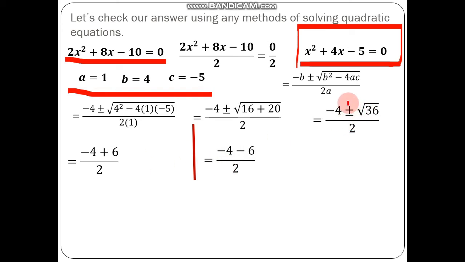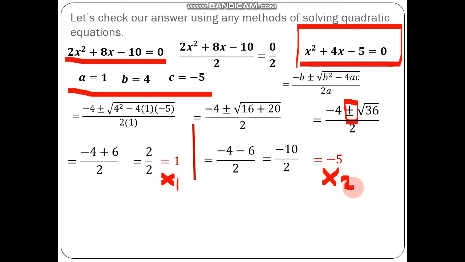So we just separate this. Negative 4 plus 6 is 2 over 2. Negative 4 minus 6 is negative 10 over 2. So our x sub 1 is 1 and our x sub 2 is negative 5.